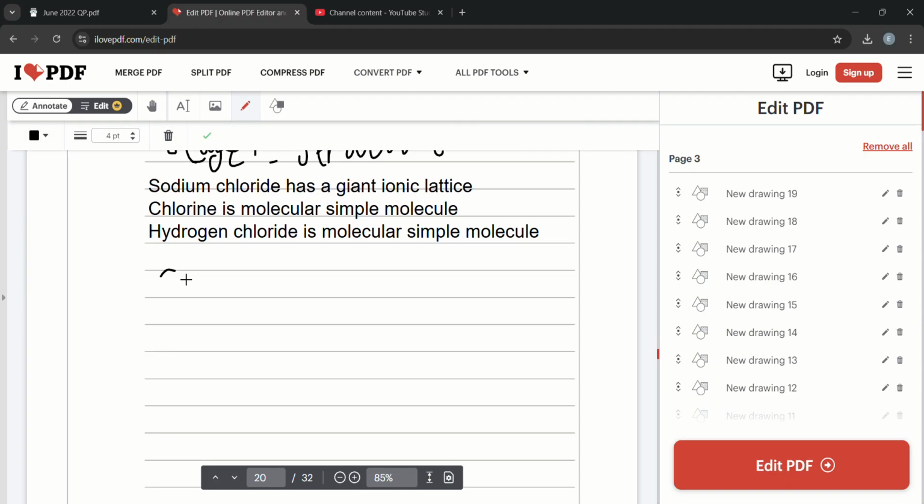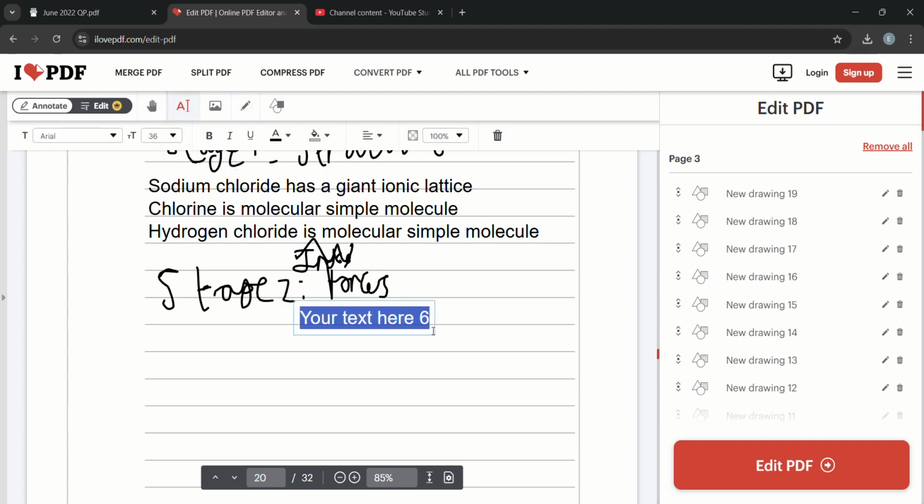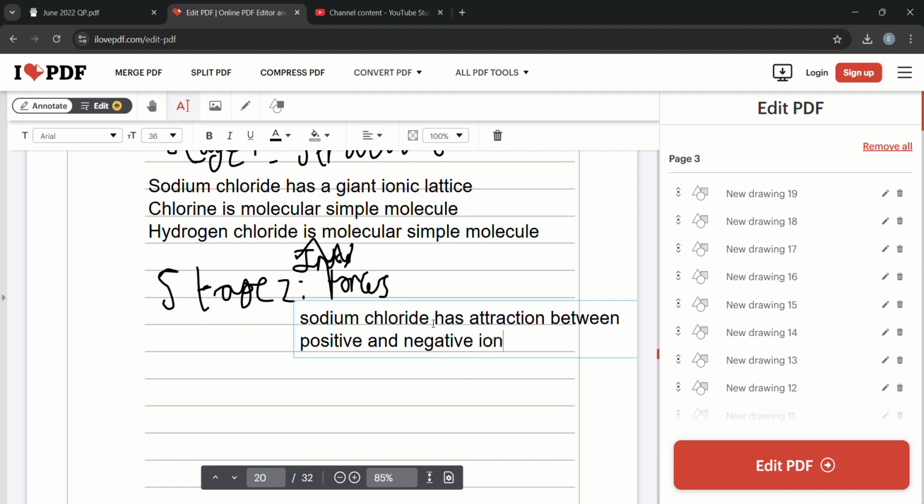Stage 2, let's talk about the intermolecular forces. We know that because sodium chloride is giant ionic, it has attraction between positive and negative ions.